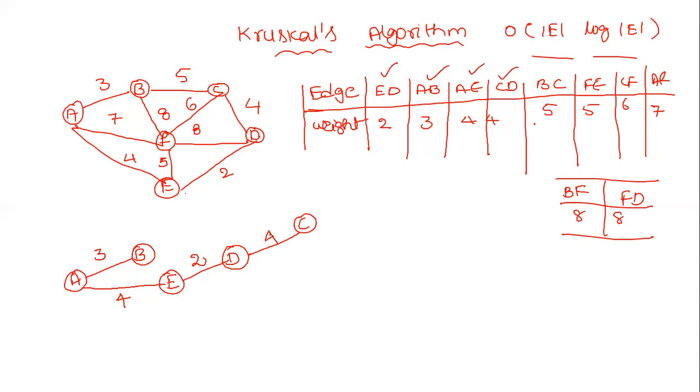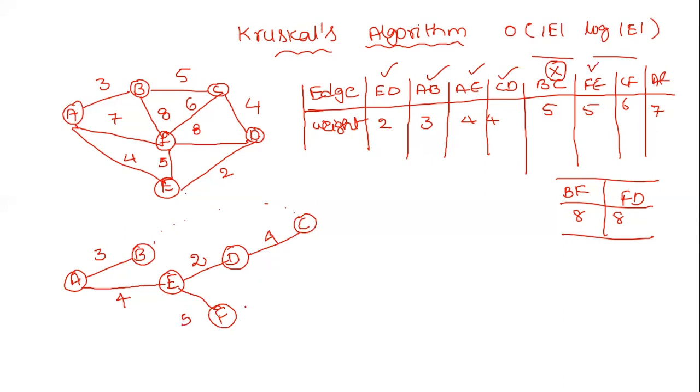Then we consider BC. Whenever BC is connected, it forms a cycle, so this edge is not considered. Next, FE, which is considered with a weight of 5.